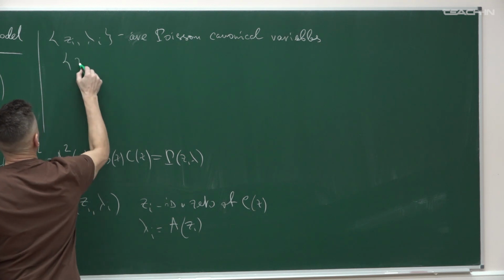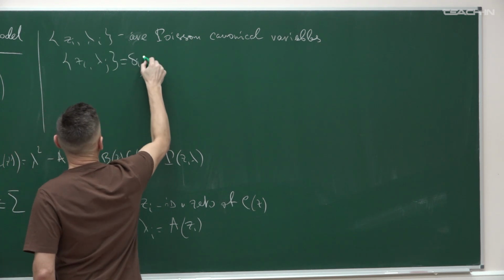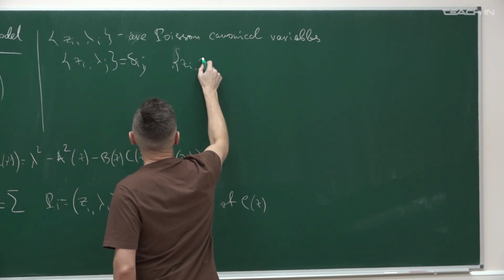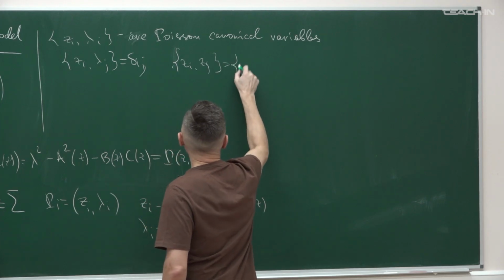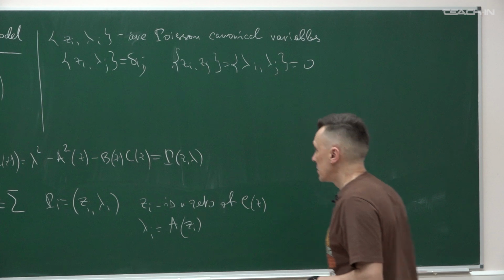It means that the bracket of Zi and lambda j is delta ij, and the brackets of Zi with Zj and of lambda I with lambda j are 0.